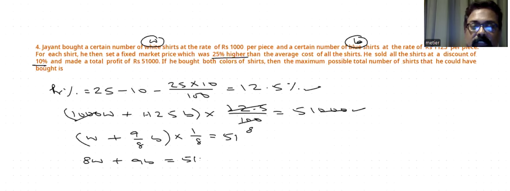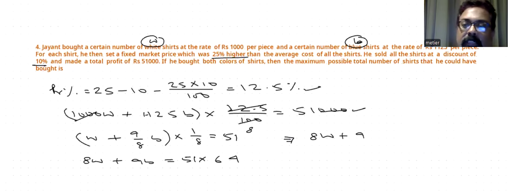So what equation are we getting here? 8W plus 9B equals 50 into 64. 50 into 64 is 3200, and 1 into 64 is another 64. So it is coming as 3264.